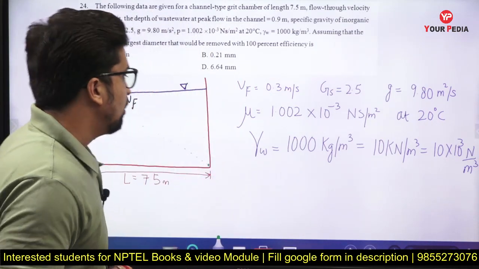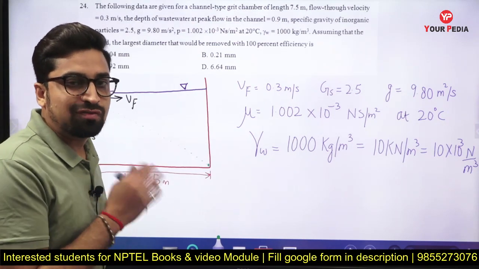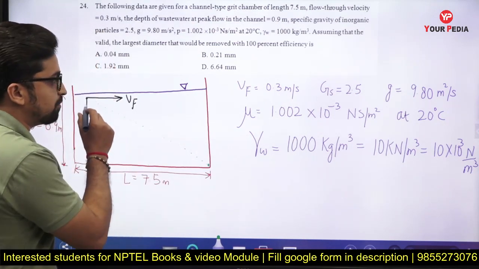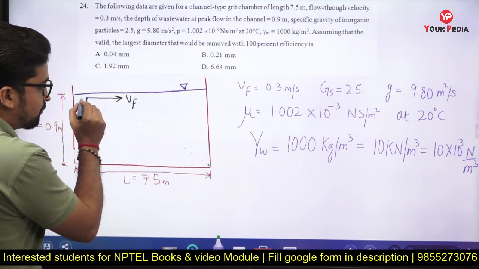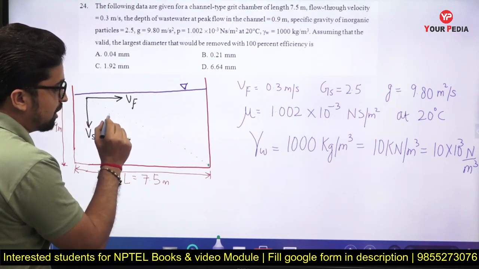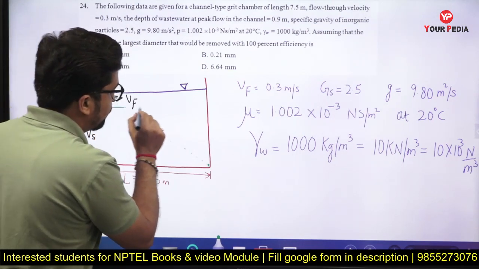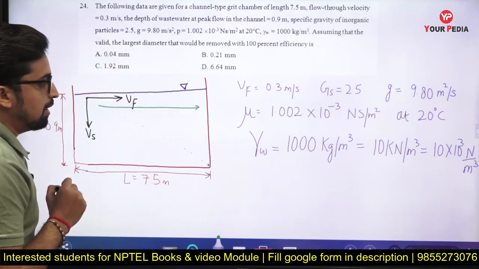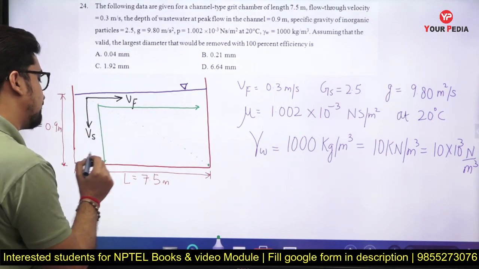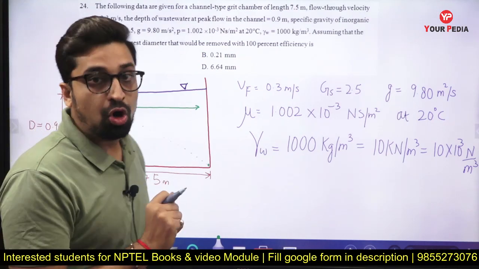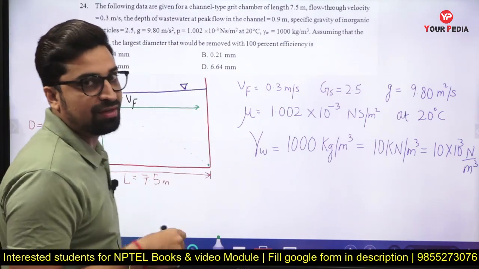The main aim of this grit chamber is to remove the particles before leaving the tank, right? So all we want is, when the particle travels through this grit chamber, let it take t amount of time in traveling horizontally; then in the same time t the particle should travel this much distance, which is d, or more, because if the particle settles before leaving the tank then it can be easily removed.